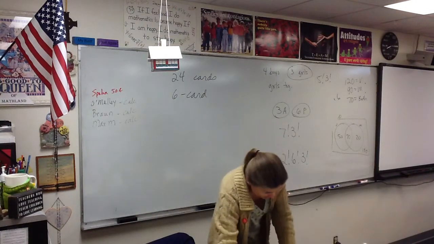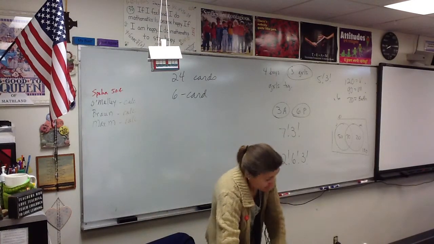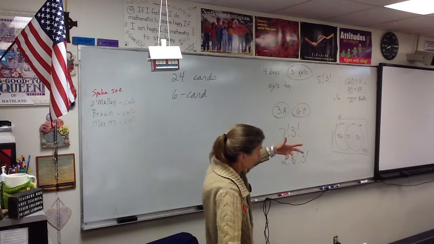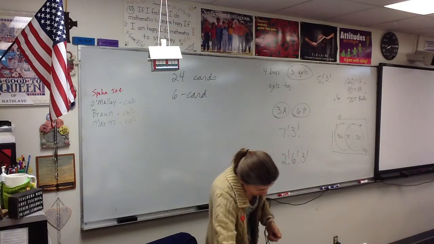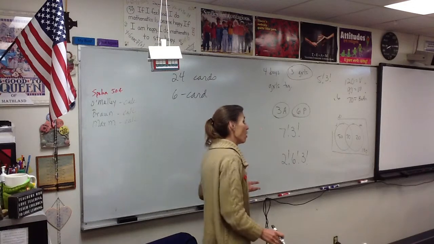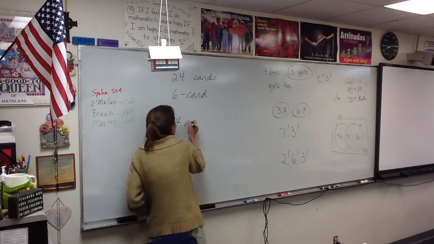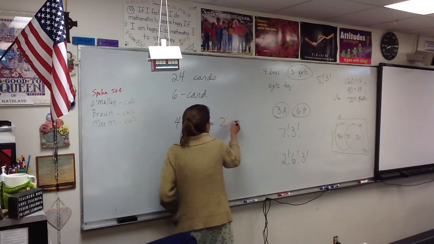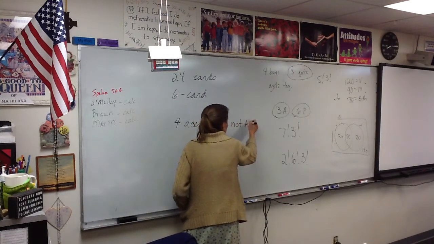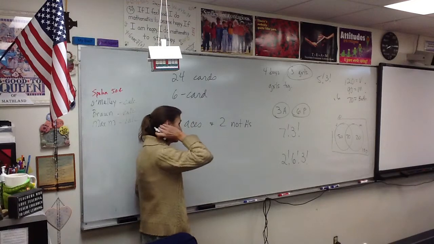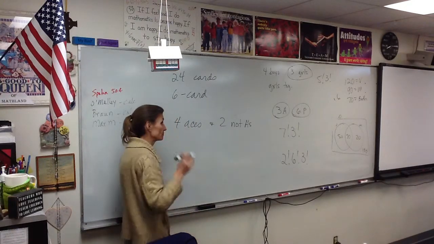So we're going to have a 6-card hand, and we want the hand to have all 4 aces. So that would be 4 aces and then 2 not aces, right, because it's a 6-card hand.